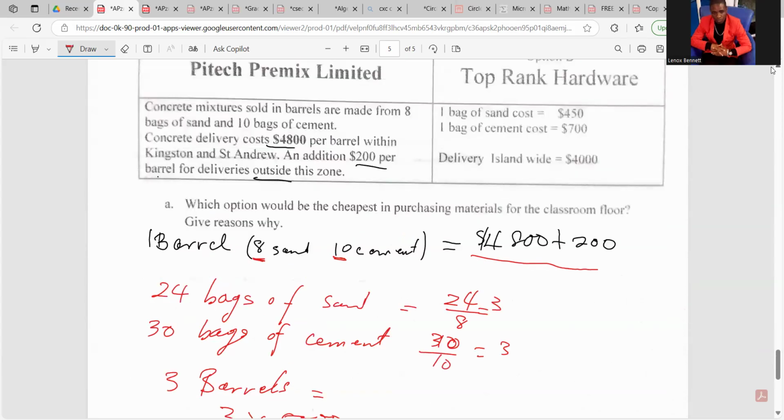Alright, let's look at this one now. We need to buy 24 bags of sand, and each bag costs 450, right?